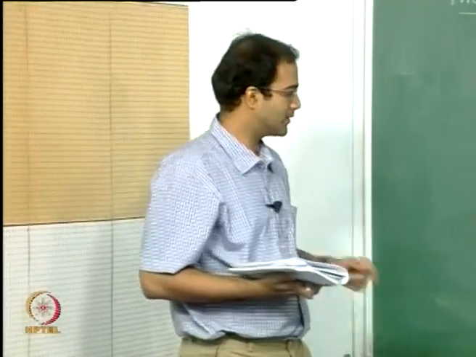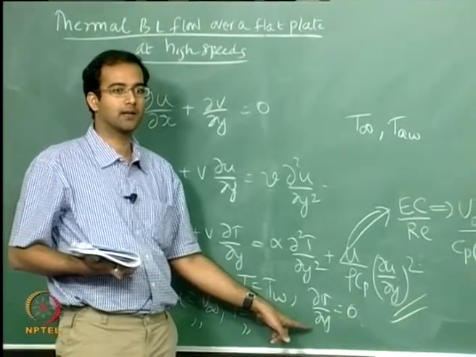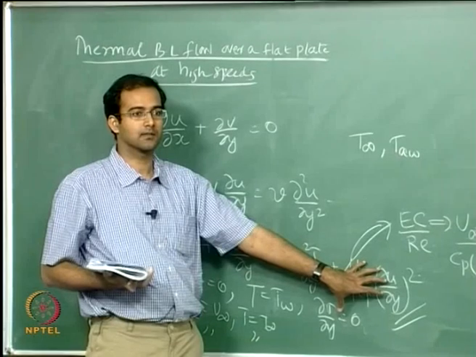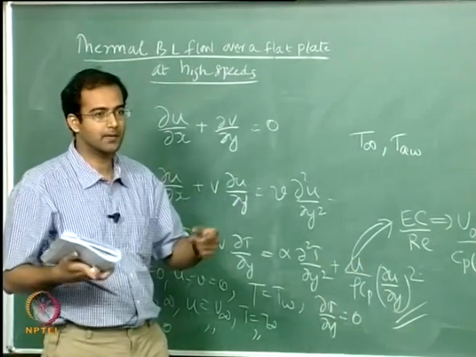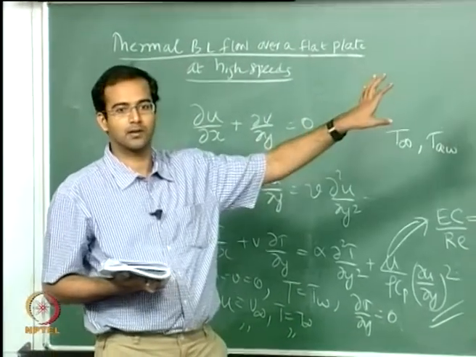One solution will be the Pohlhausen solution, the other the adiabatic condition with the viscous dissipation. These two solutions can then be linearly combined and we can construct the final solution to this particular problem.